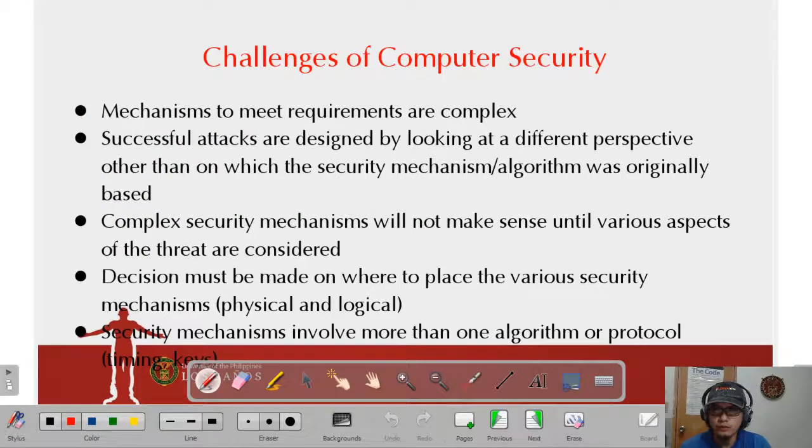So we now move on to the challenges of computer security. This is an interesting discussion because during the early days of computing, security was not actually considered that much.